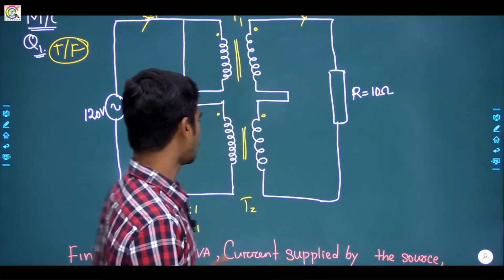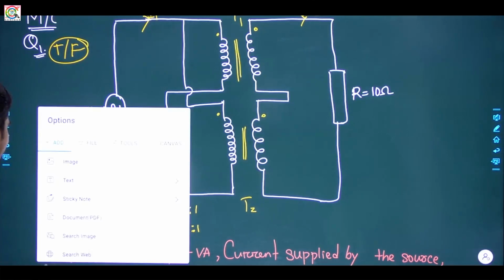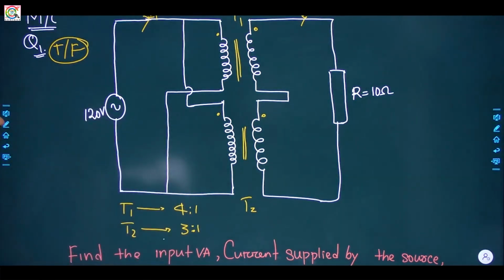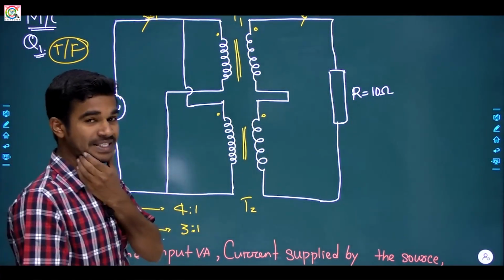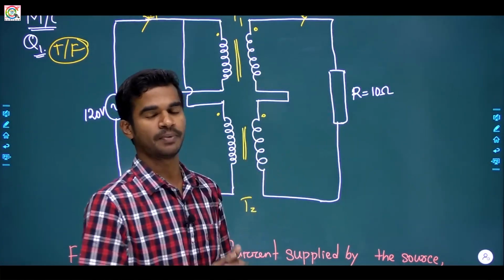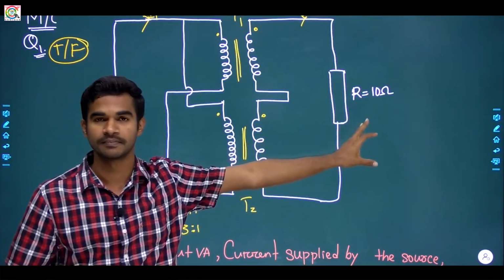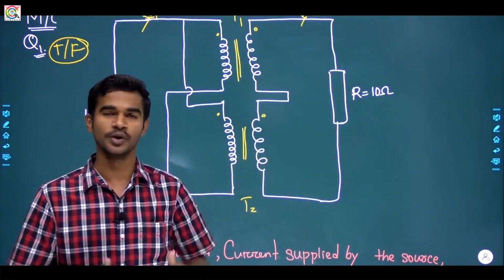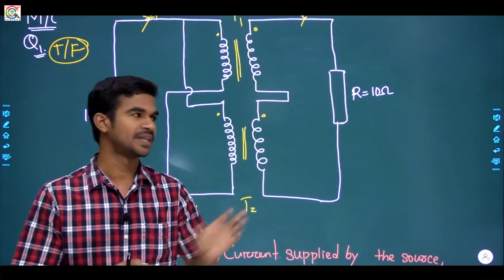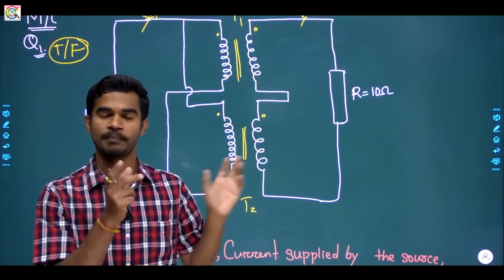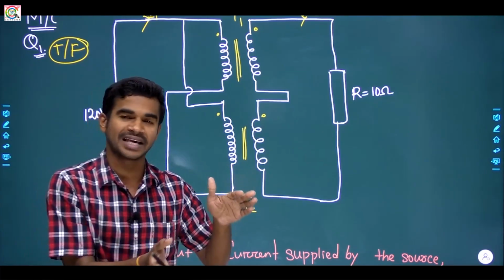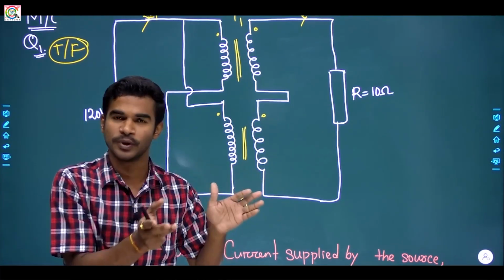So how to proceed with this question? Power balance means the output side power. If this is a resistance, the power will be given by the voltage across the resistance, suppose VL.